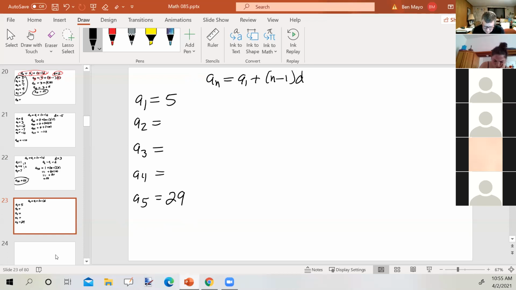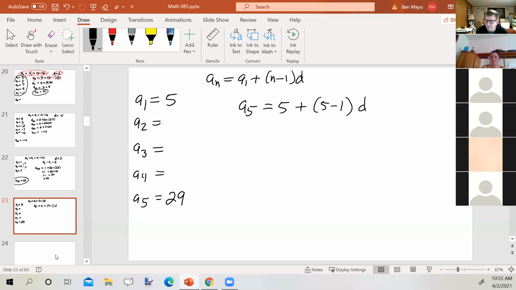Okay. Now, for the formula, we need to know what n is, we need to know what a sub 1 is, and we need to know what d is. Let's take a look at a sub 5. A sub 5 would be a sub 1, which is 5, plus n minus 1, which would be 5 minus 1, times d.